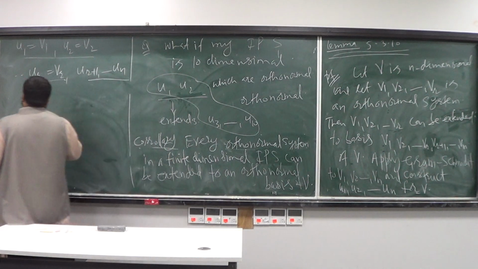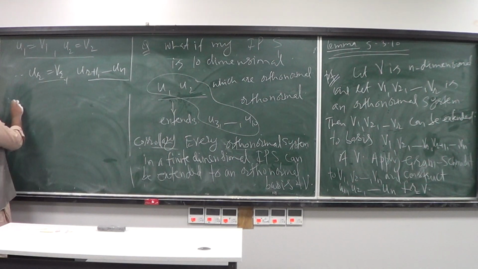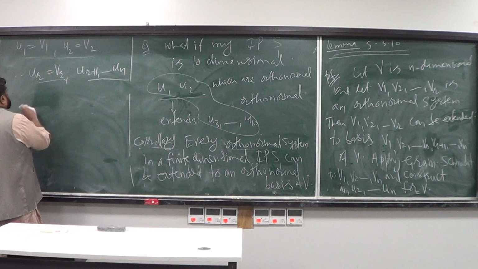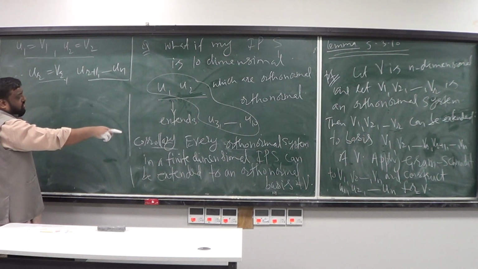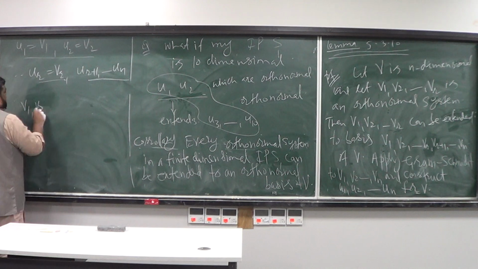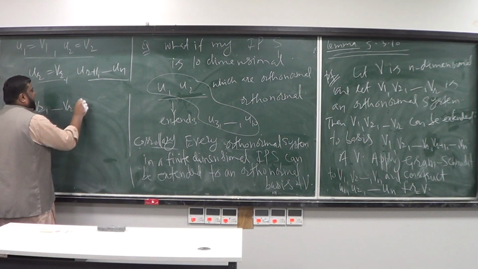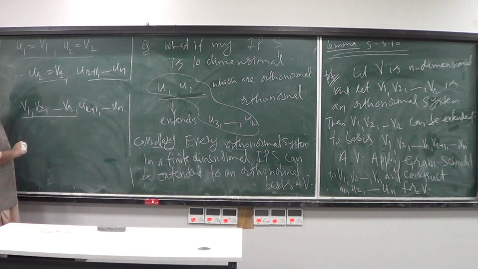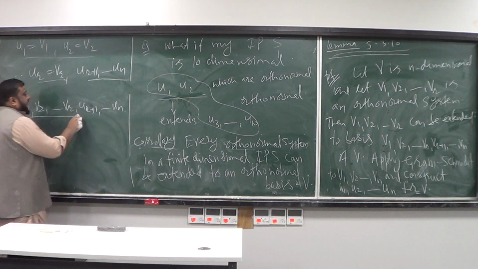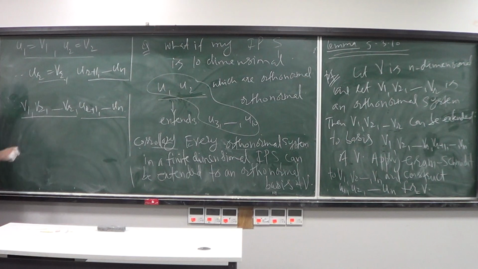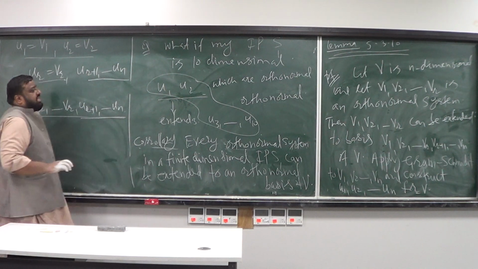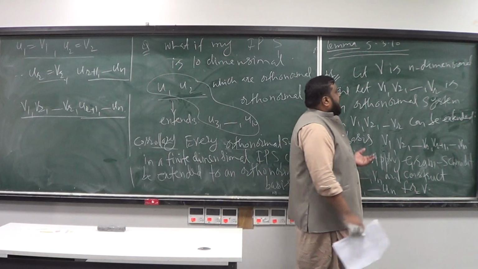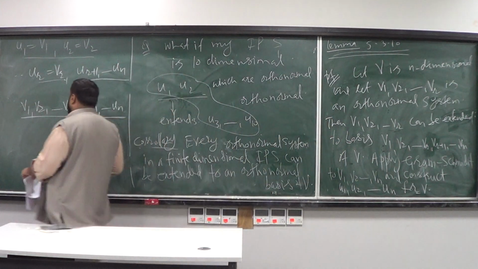Hence, the new orthonormal basis that you have found, U1, U2, up to Un, is basically V1, V2 up to Vr and Ur+1 up to Un. So in other words, I took my orthonormal system and I added some more vectors to it, and I found an orthonormal system that is also a basis for the inner product space, and hence this basis is an orthonormal basis.